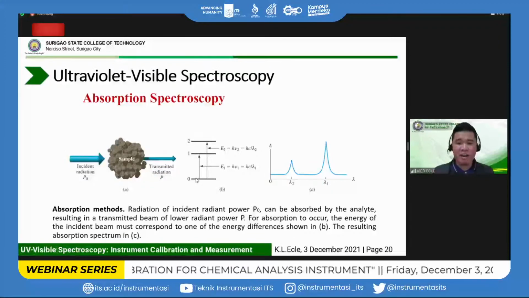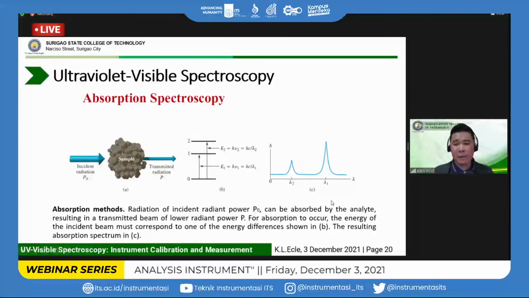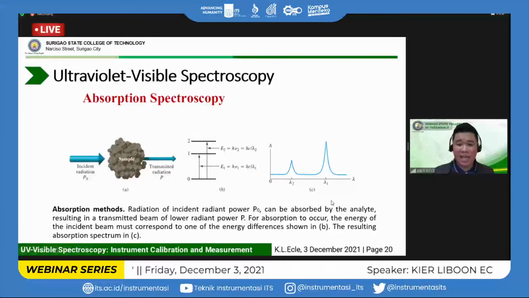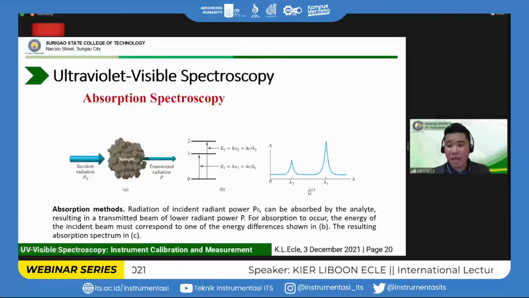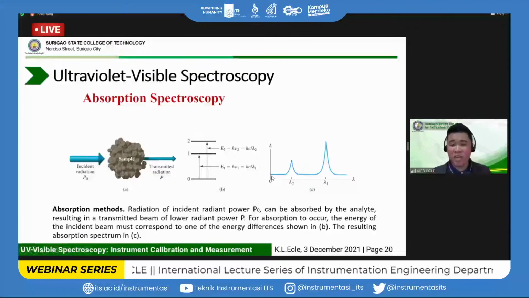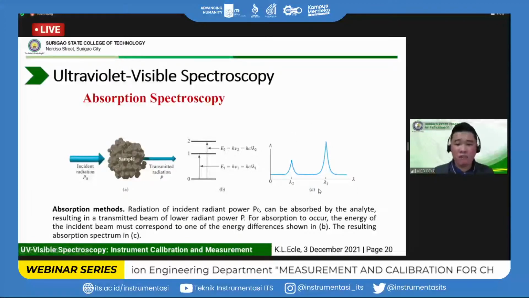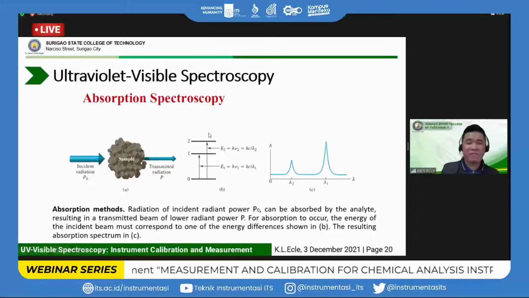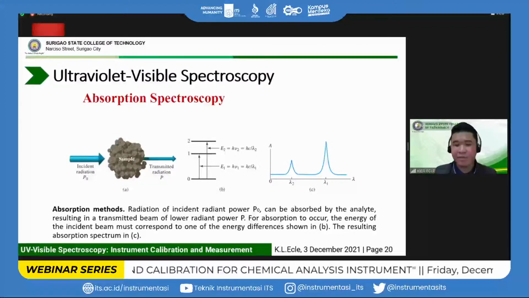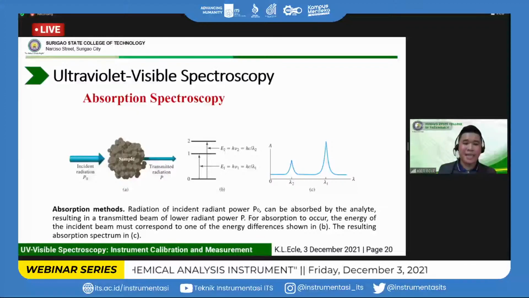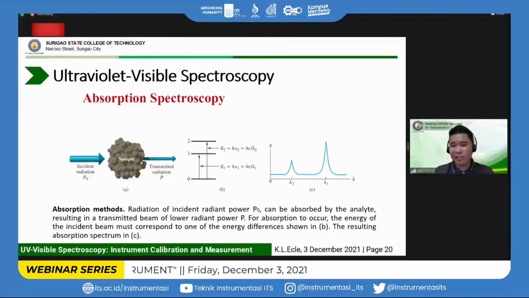And we have here the resulting spectral display in figure C. We can generate a spectrum out of the data that we've entered in the sample compartment. This is how absorption spectroscopy works in UV-Vis.